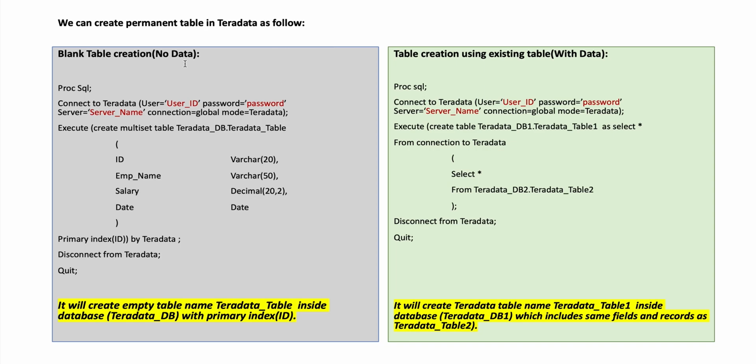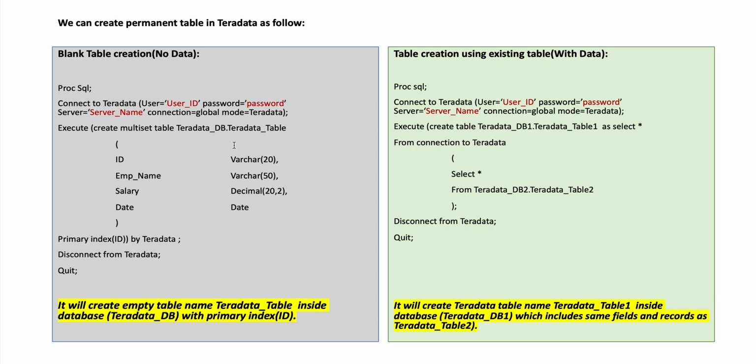Let me explain the first one, blank table creation, where we use the proc sql pass-through method, proc sql connect to Teradata. Inside parentheses, we provide user ID, password, server name, connection is global, and mode is Teradata. And execute inside parentheses, create multiset table, table name Teradata table, which is inside the Teradata database, and the multiset option is used so that this table can hold duplicate records.